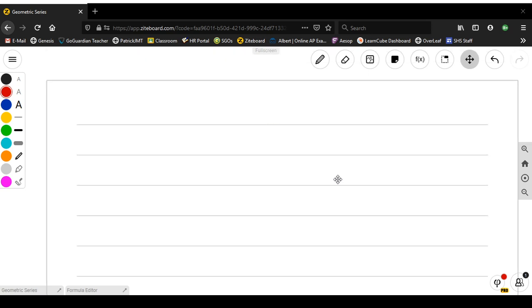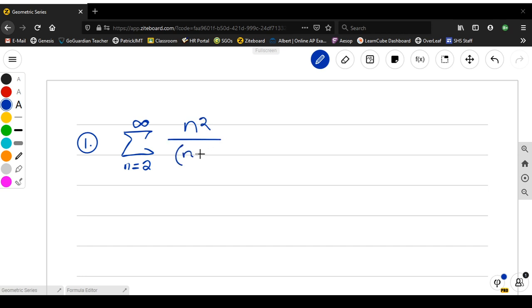Okay, so let's do a quick example here. We're going to try and do a couple examples. So first example, let's say we have a series starting at n equals 2, going to infinity, and this series is n squared over n minus 1 factorial. Okay, now because it has a factorial in it, we're going to think, let's try the ratio test.